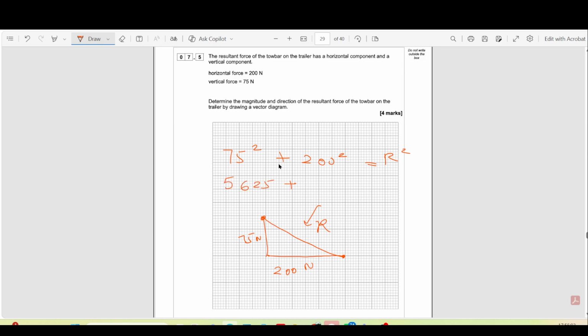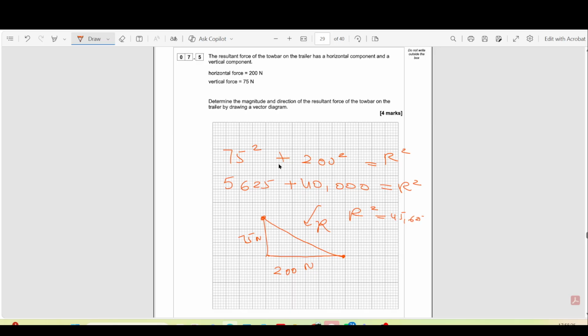That equals 45,625, which equals the resultant force squared.